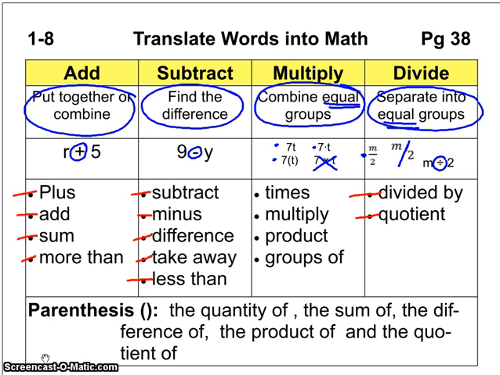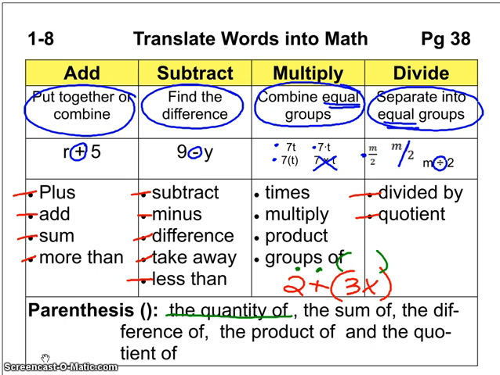Okay, welcome back. When you see parentheses, what you should be saying is the quantity of. The sum of, the difference of, the product of, and the quotient of. These are all different ways. So for example, if I had this expression, the way I would read this is 2 plus the quantity of 3x, okay? 2 plus the quantity of 3x.